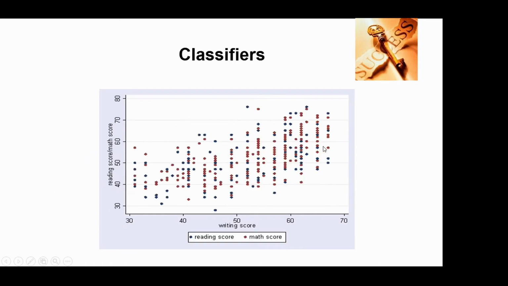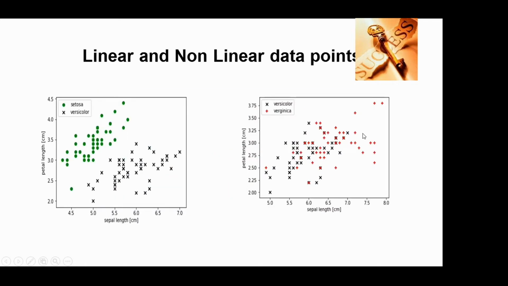In this second image you can see the mixed data, where there are black crosses and red plus signs. In between the red plus signs there are crosses also, and in the cross regions there are plus signs also.